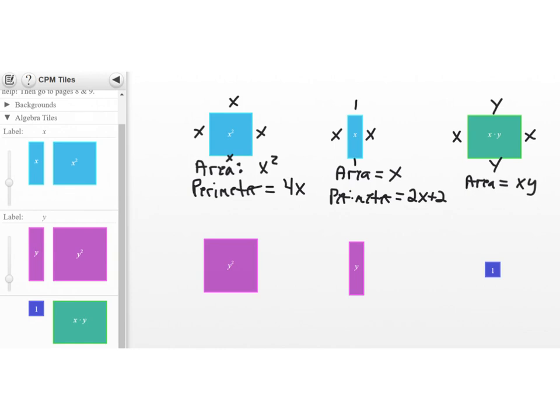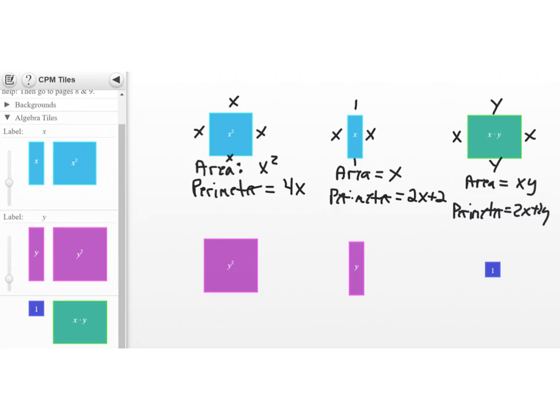Base times height would be y times x, and we would write that as xy. And then our perimeter we can write out. That would be equal to 2x plus 2y, where we have two sides that are x length and two sides that are y length.